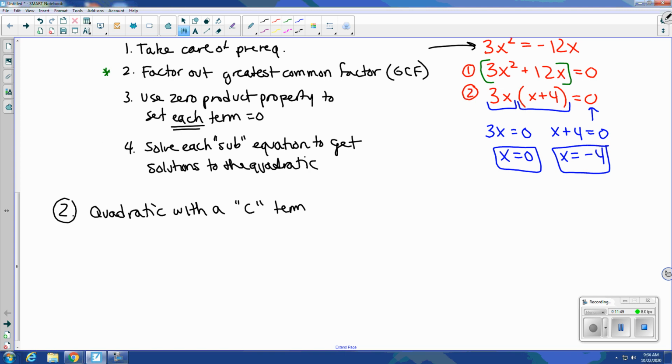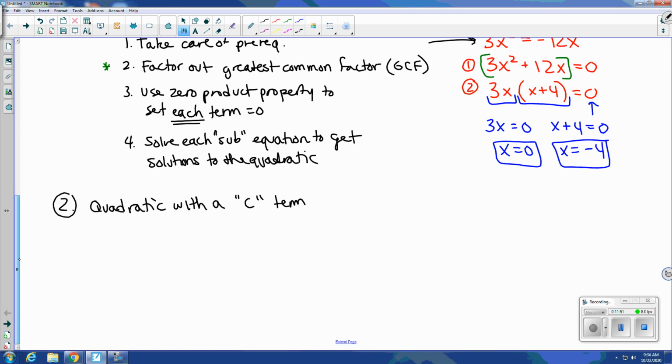Now, the quadratic could be either a binomial or a trinomial. So it could be 2 terms or 3 terms. So we'll make a note of that. Could be binomial. If it's binomial, it'll look like ax squared plus c. So it'll be missing the bx.